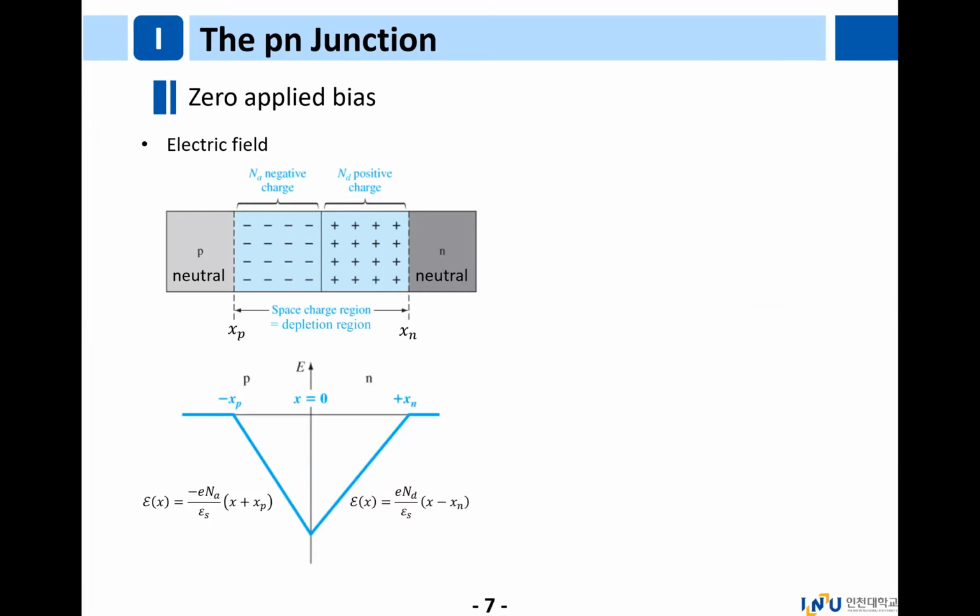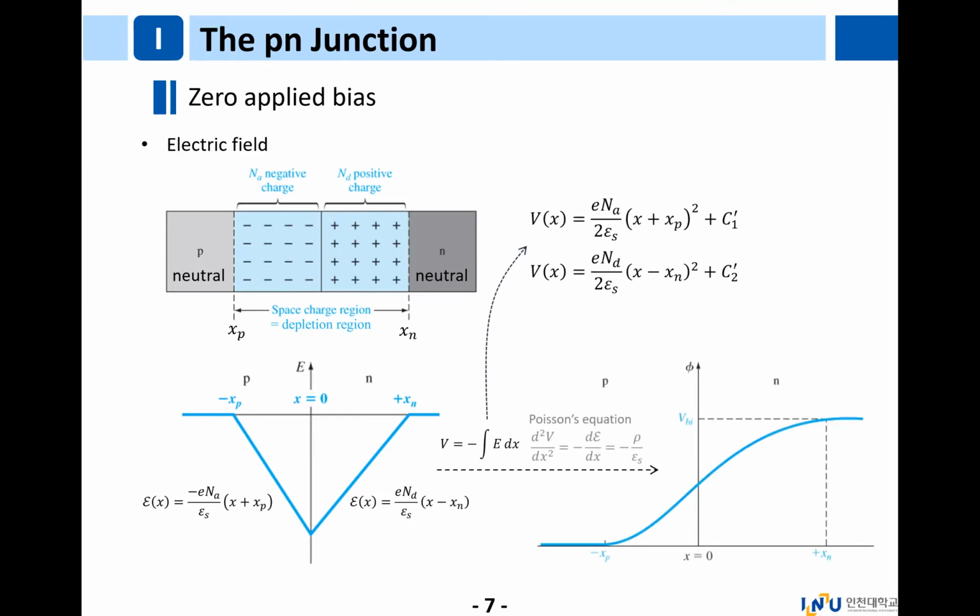Continuing, let's proceed to find the potential distribution. The potential can be obtained by integrating the electric field with the negative sign, so it results in a quadratic function, right?